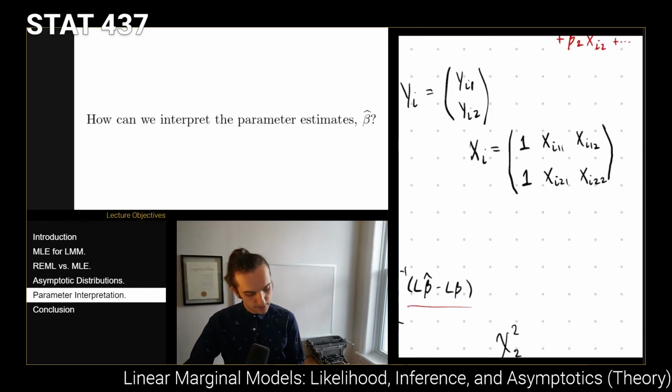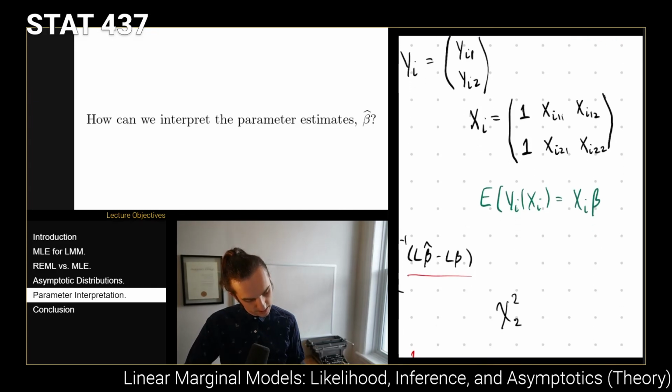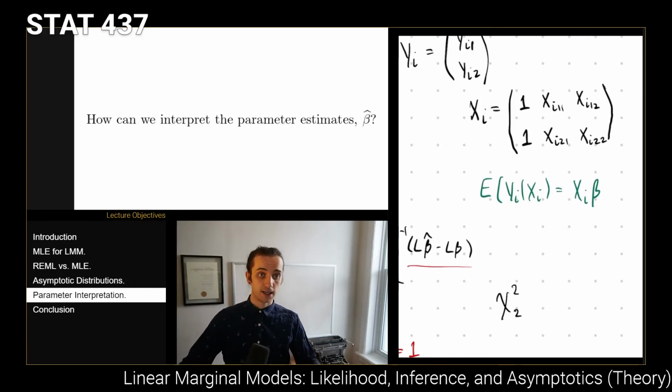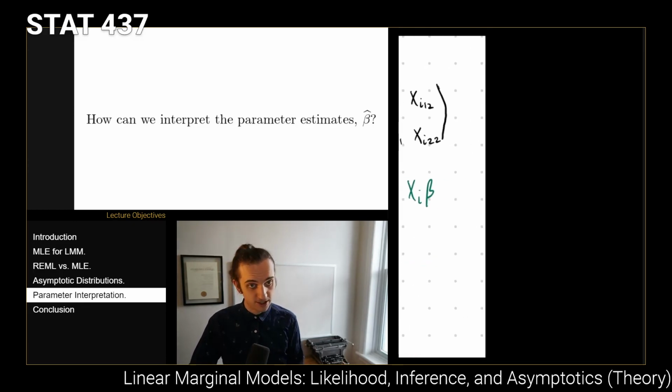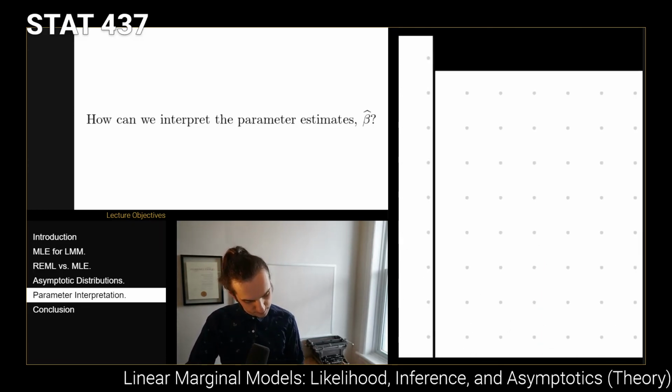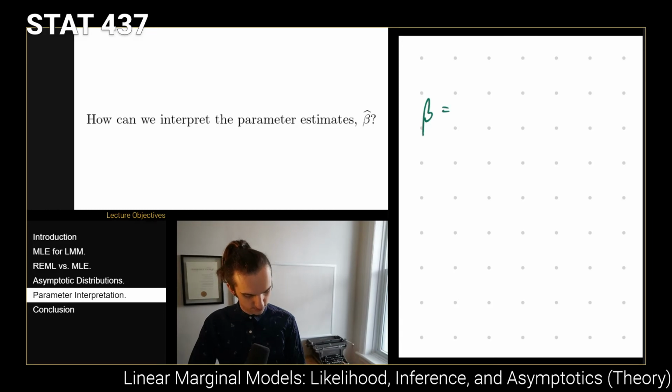And so now when we take the expected value of yi given xi equals xi beta, then beta here is going to be a 3-parameter value. I'm going to pull this onto a new page here, one sec. So we're going to have beta equal to beta 0, beta 1, beta 2.